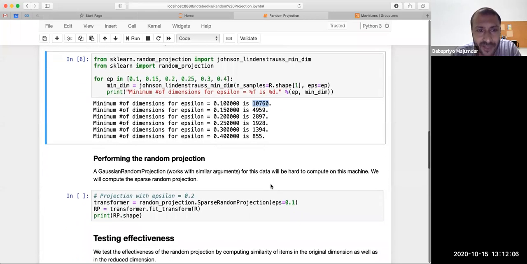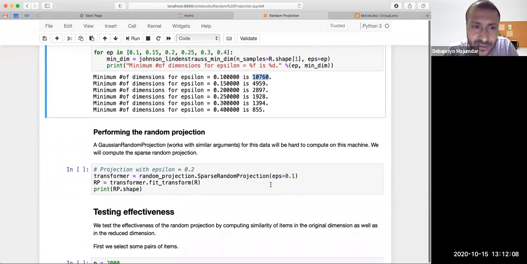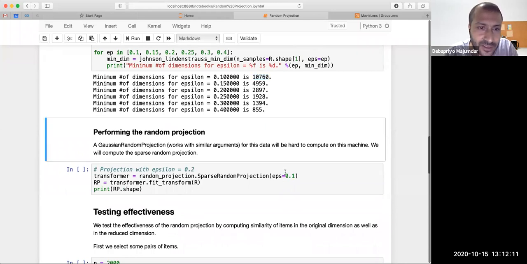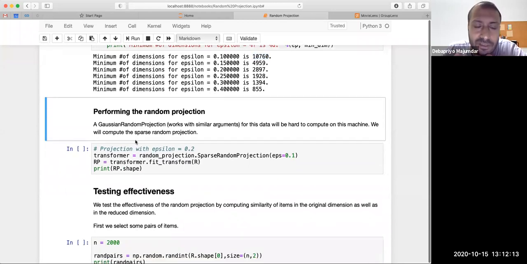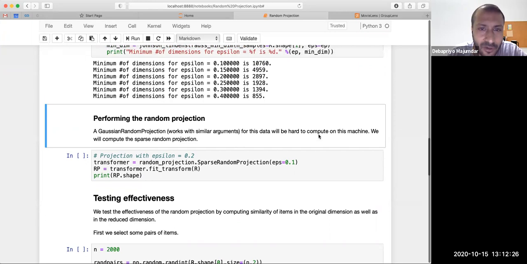Okay, so let's actually perform one of those transformations. There are quite a few of them. Now a Gaussian random projection is the same thing, random projection, but instead of sparse, you write Gaussian here. For this data it will be hard to compute on my laptop.